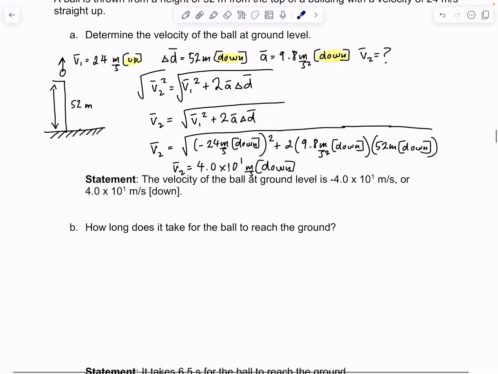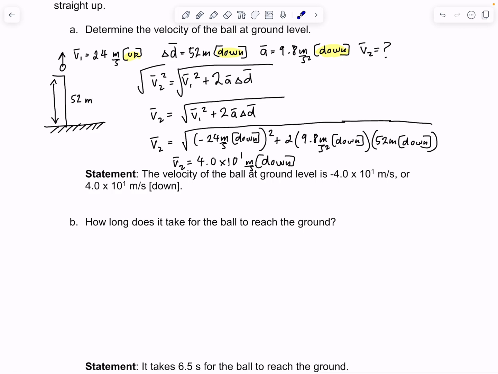In part B, we want to find out how long it takes for the ball to reach the ground. We know our initial upward velocity. We know our displacement, 52 meters down. We know our acceleration is due to gravity, 9.8 meters per second squared down.